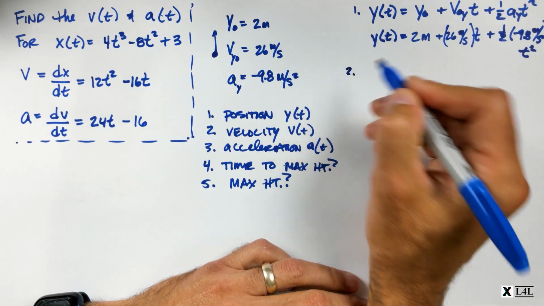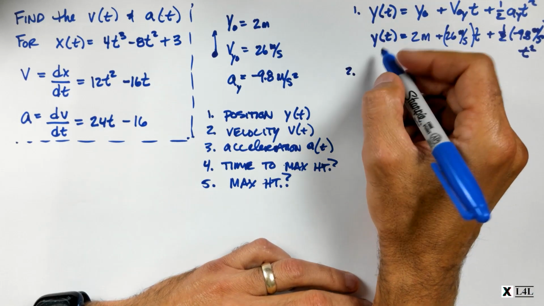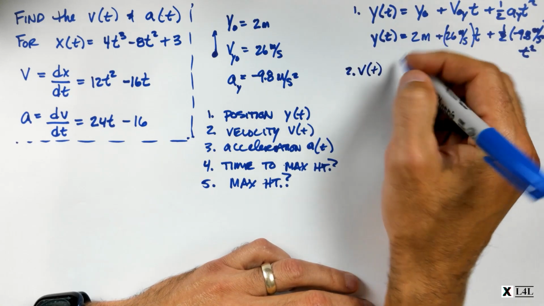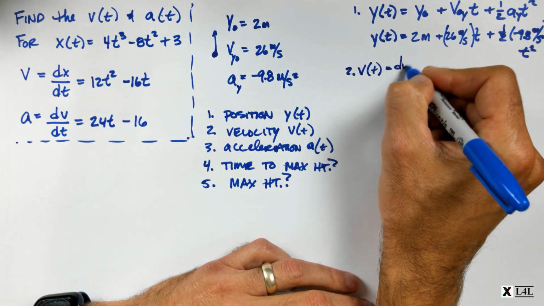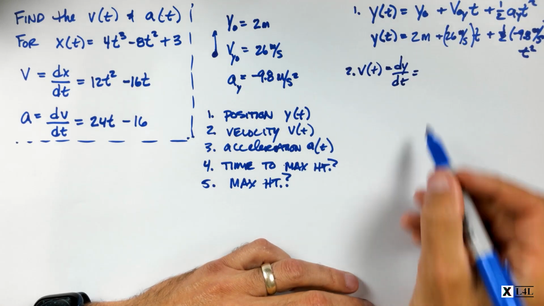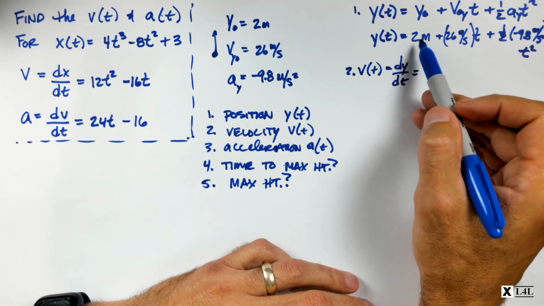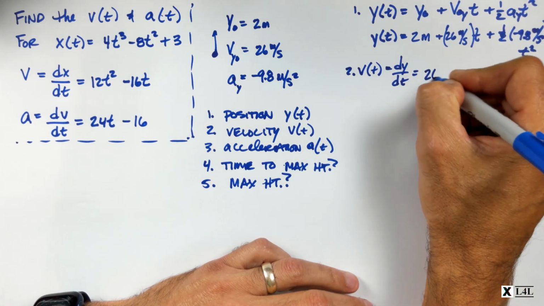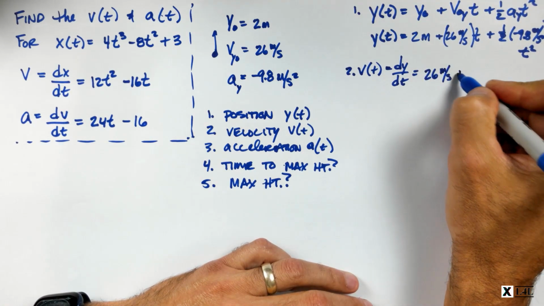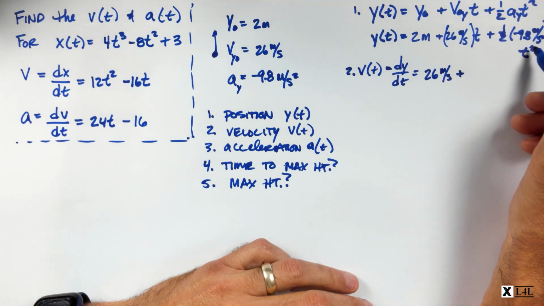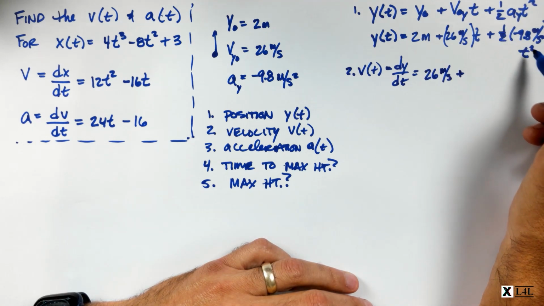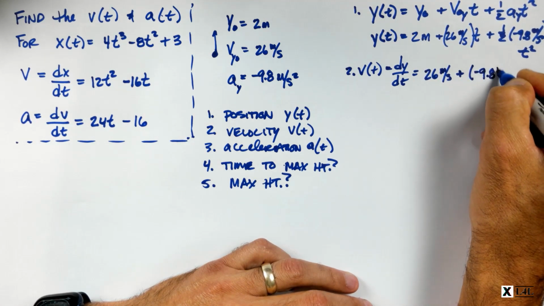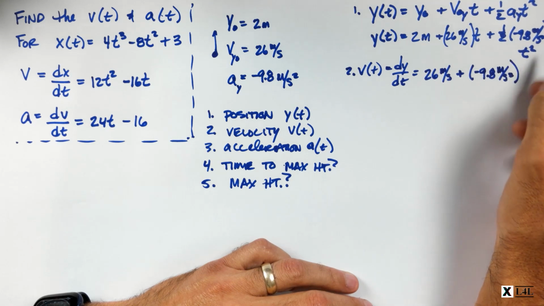So let's look at 2 with the velocity. If I take the derivative of this, my velocity function is going to be dy/dt. Well, this is a constant, so this blows away. I have a first order power of time here, so this becomes 26 meters per second plus, well, for the t squared, I bring the 2 down, I have 1/2 here, and this really just becomes negative 9.8 meters per second squared times time.